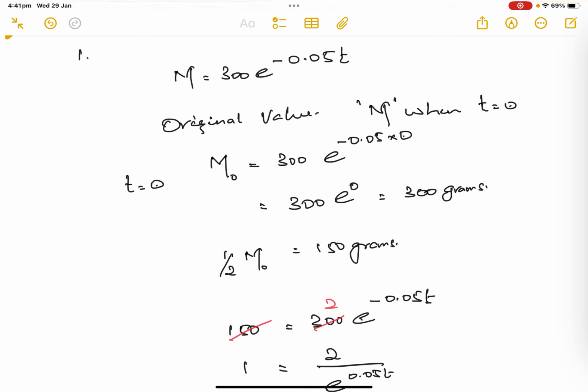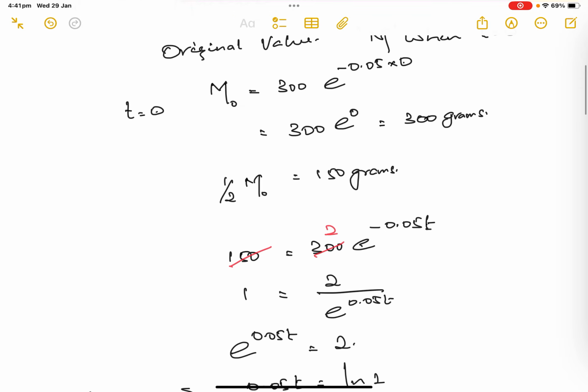The original value is when t equals 0. So m0 equals 300 times e to the power of 0.05 times 0. That is 300 times e to the power 0, and e to the power 0 is 1, therefore 300. So the initial mass of the substance is 300 grams.